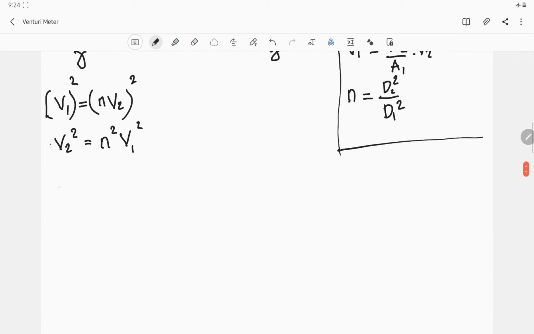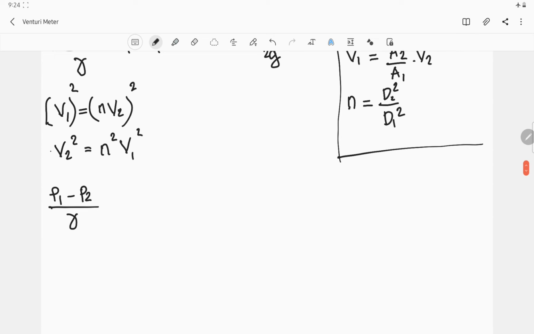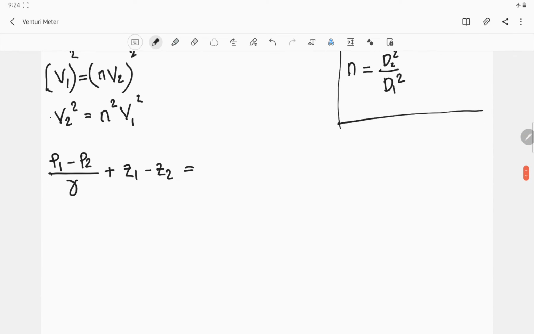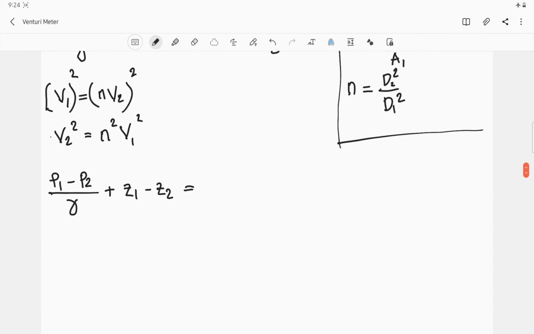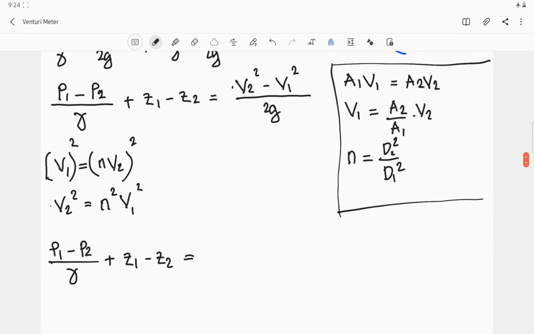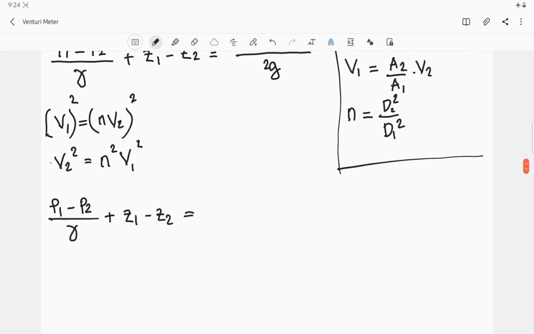So, continuing our equation, P1 minus P2 over unit weight plus Z1 minus Z2. Okay. And then, expressing V2 in terms of V1, we have N squared V1 squared minus V1 squared over 2G.